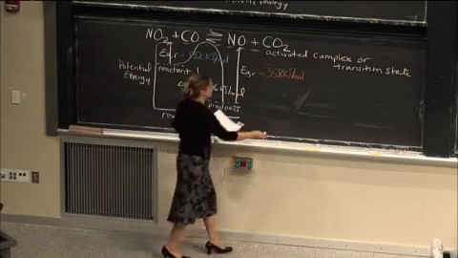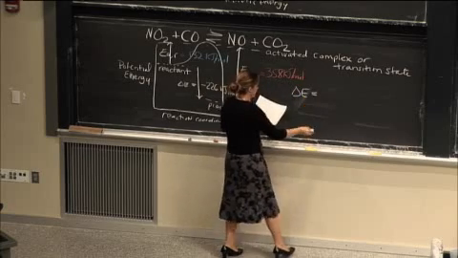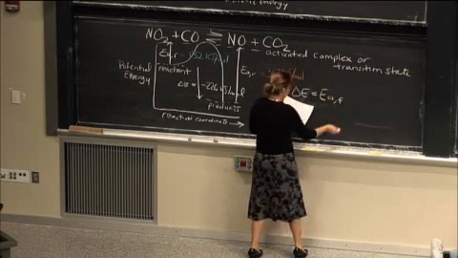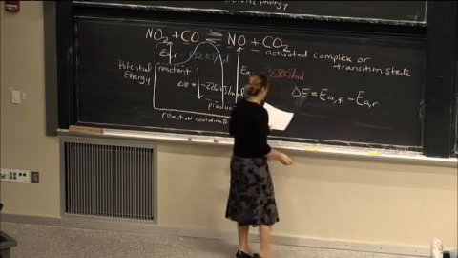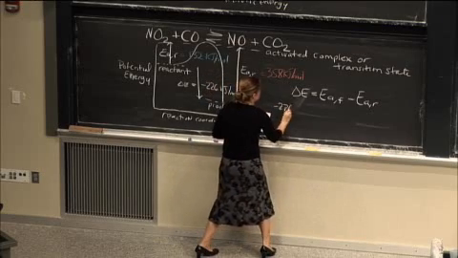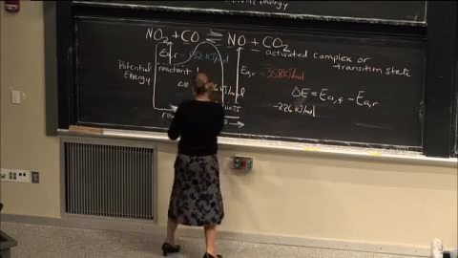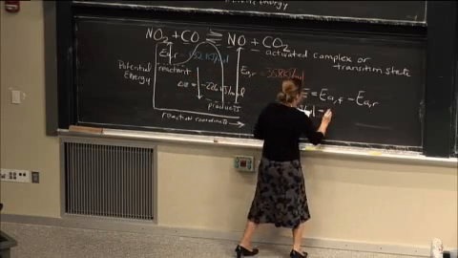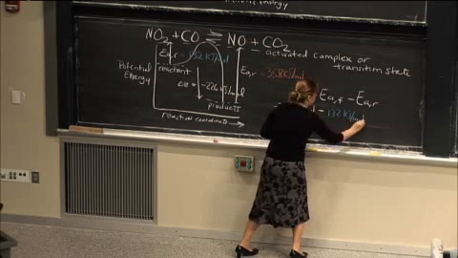So we can think about what delta E really is. Delta E in terms of activation energy is going to be equal to the activation energy for the forward reaction minus the activation energy for the reverse reaction. In this particular case, we have minus 226 kilojoules per mole as our delta E, and for our forward reaction, we have 132 kilojoules per mole.